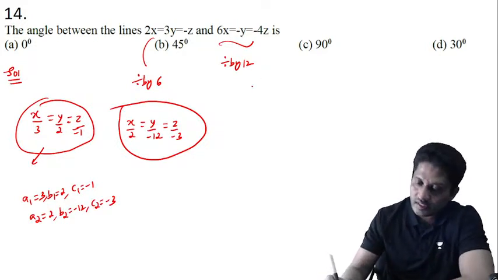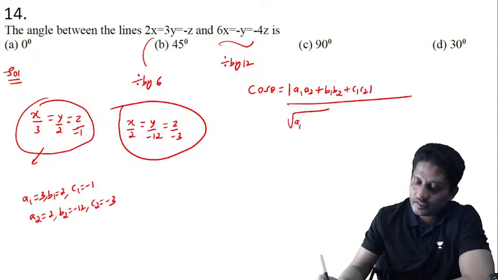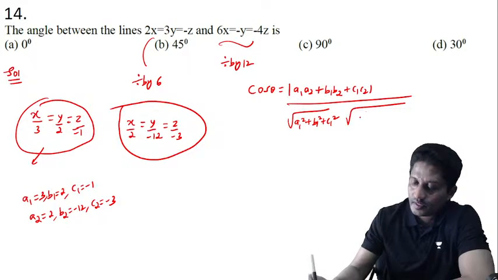Now I get cos theta is equal to modulus of a1 into a2 plus b1 into b2 plus c1 into c2, by root of a1 square plus b1 square plus c1 square, root of a2 square plus b2 square plus c2 square.